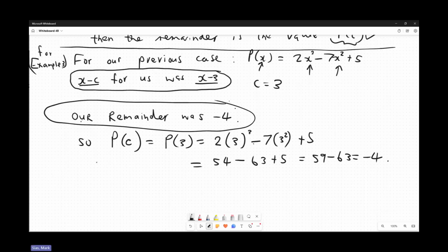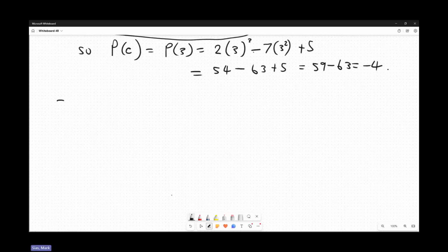And I just want to say, example 2 is not covered by the theorem. By the remainder theorem.